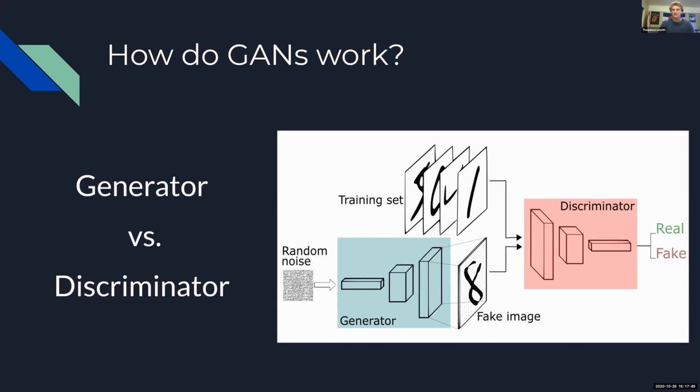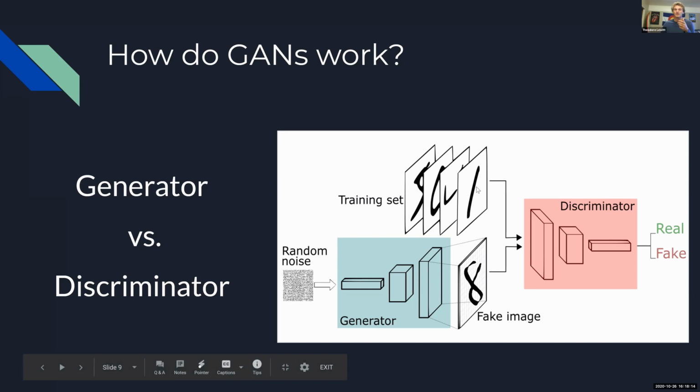And then the discriminator takes in an image, either a fake image that's coming from the generator or a real image that's coming from a training set of real images. It'll look at that and then try and decide whether that's real or fake. So it's going to give you a score from 0 to 1, kind of like a logistic regression, of how fake or real it believes what it just looked at is.